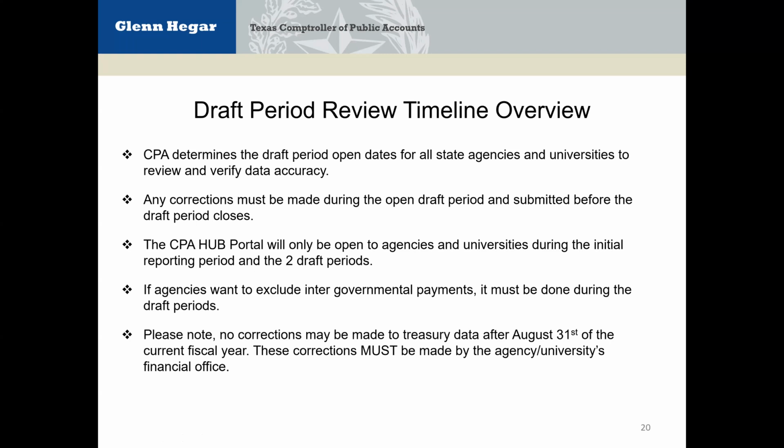So I always get questions about, hey, we paid the wrong VID, and we're not getting HUB credit, and how do I fix that? Well, after August 31st, you can't. It has to be addressed through your financial office prior to the end of the fiscal year.